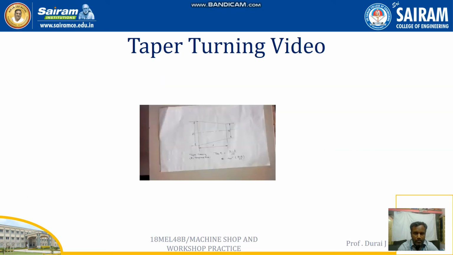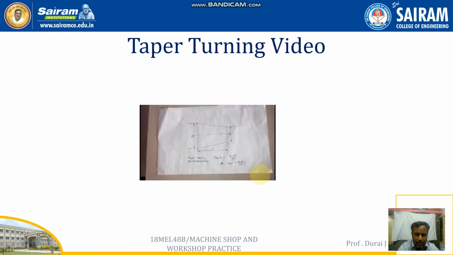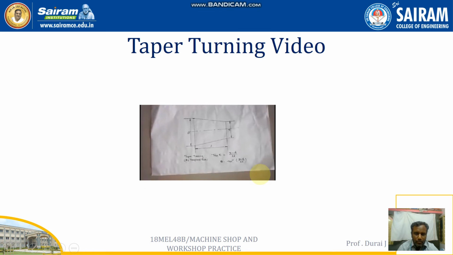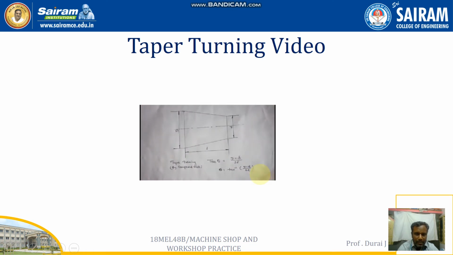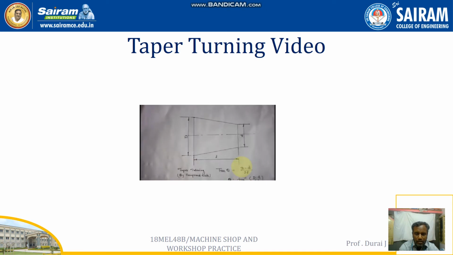Then let us see how to do the taper turning operation. First, for the taper turning experiment, we have to find the formula: tan theta is equal to capital D minus small d by 2L. So theta is equal to tan inverse of capital D minus small d by 2L.